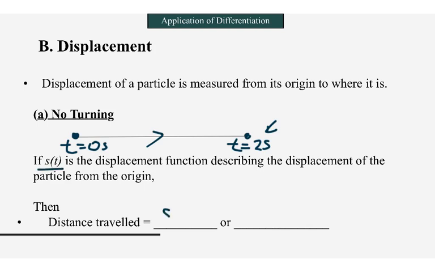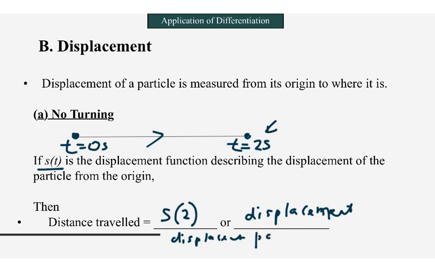This distance traveled is also the displacement, where the substitution of 2 refers to the displacement of the particle at t equals 2 seconds.